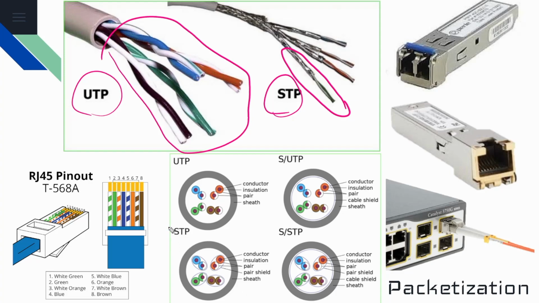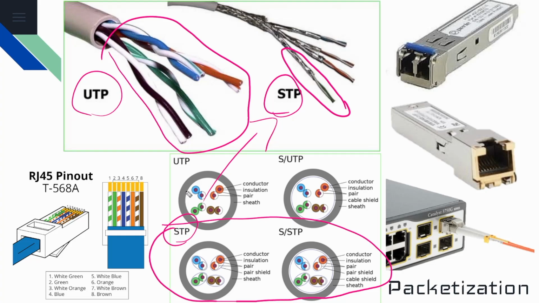And if we take a look down here at this top level view of shielded twisted pair and screened shielded twisted pair, we'll see that in the shielded twisted pair example, which is what this cable is, we have the outer sheath, which is just a plastic coating.